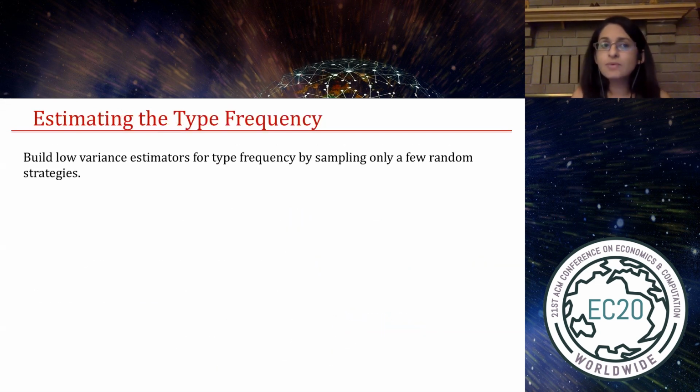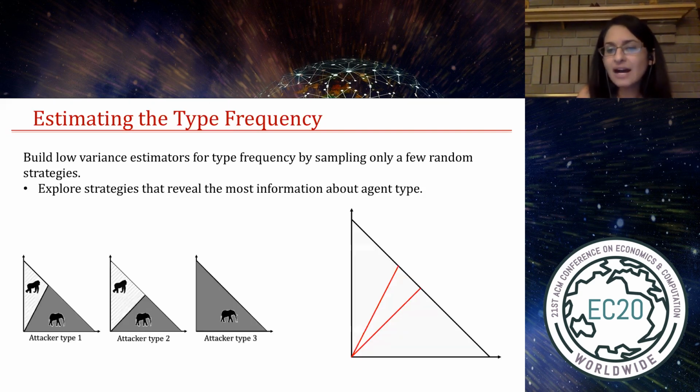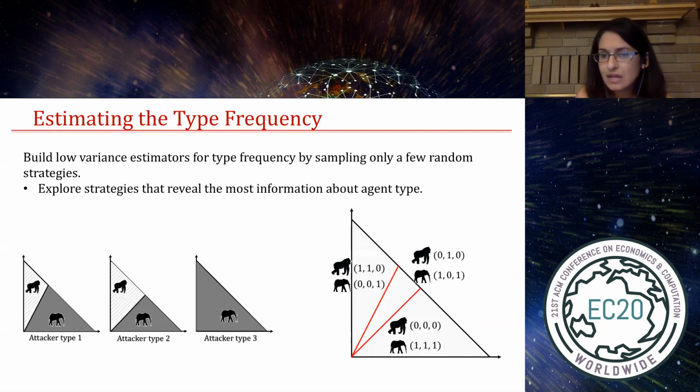So the idea is that you want to build a low variance estimator for these type frequencies by sampling only a few random points. And you want to explore those strategies that reveal the most about which agent type came and attacked. At a high level, let me build these vectors that say who attacked what animal within each of these subregions.